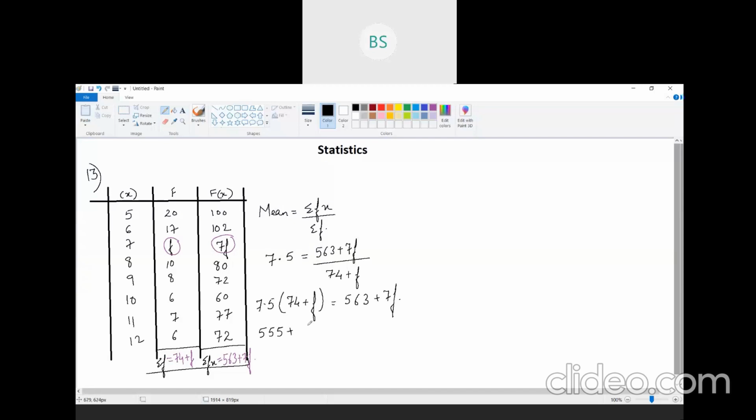So 555 plus 7.5f is equal to 563 plus 7f. Separating the variables and the constants, this is what we get. So this will be 0.5f is equal to 8.